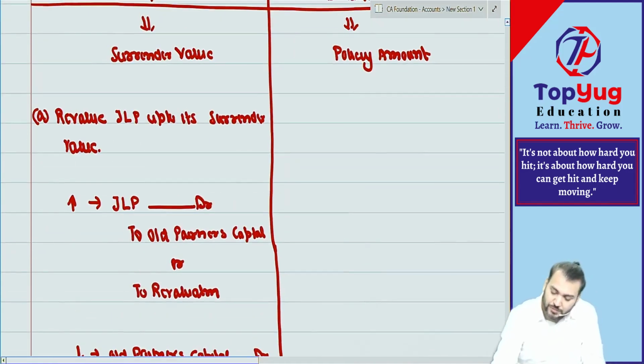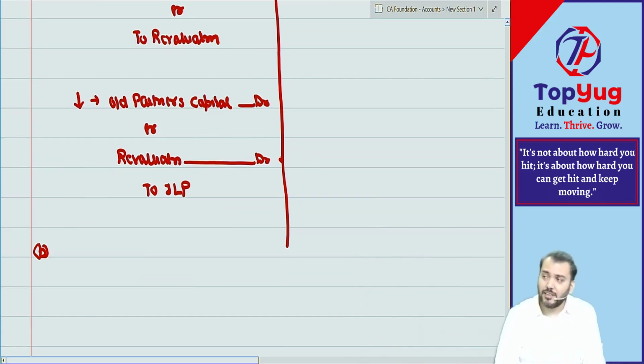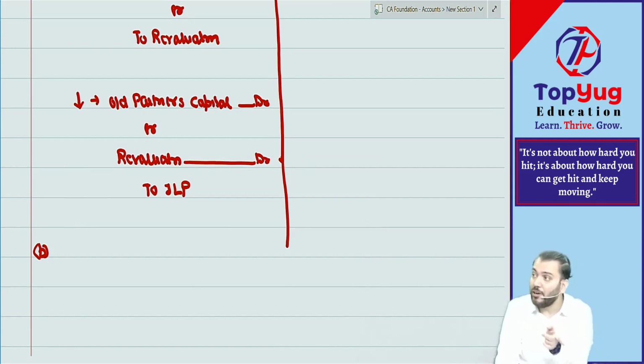Then point number B. Second adjustment is what? If GLP reserve is appearing in balance sheet, then distribute. Means GLP reserve may or may not appear. GLP reserve will appear only in the third situation. If it is appearing, distribute it.